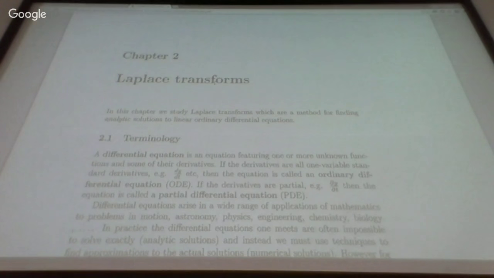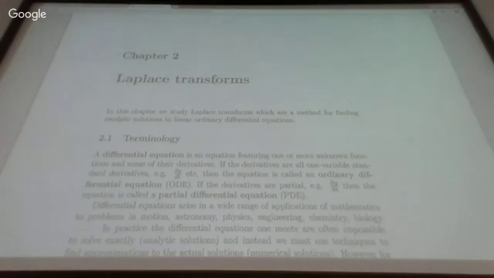Okay. Now, a significant component of applied mathematics as a whole, and a significant component of our degree, if you look at the third year courses, concerns the study of and solution of differential equations.